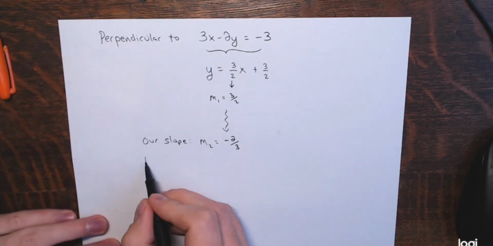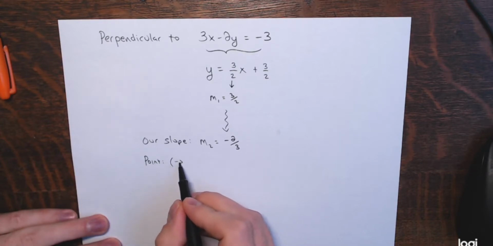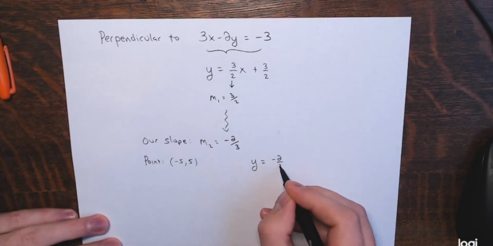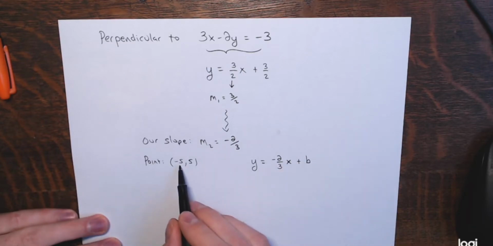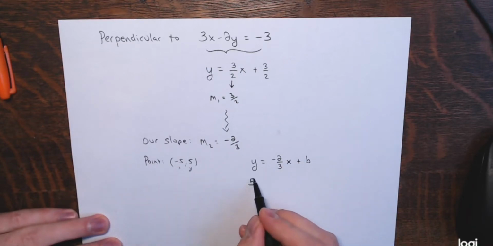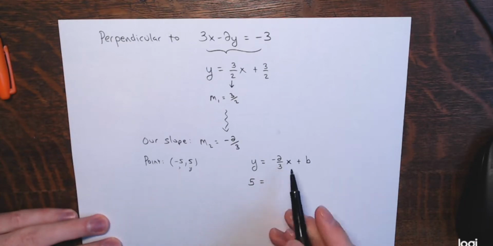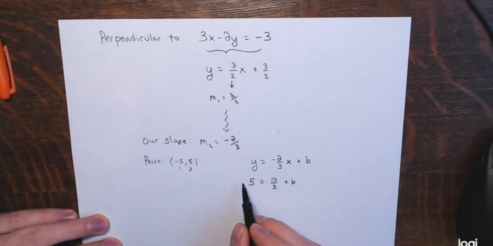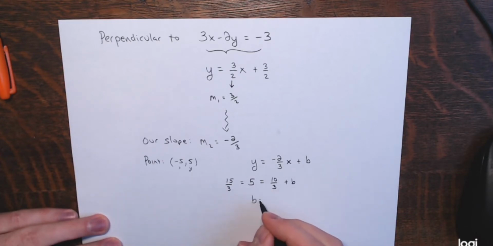And a point that's on our line is (-5, 5). So we want y equals -2/3 times x plus b. I put in -5 for x, positive 5 for y. So 5 equals, now -2/3 times -5 would be positive 10/3 plus b, and then 5 is 15/3. And I subtract 10/3 from both sides, you get b equals positive 5/3.